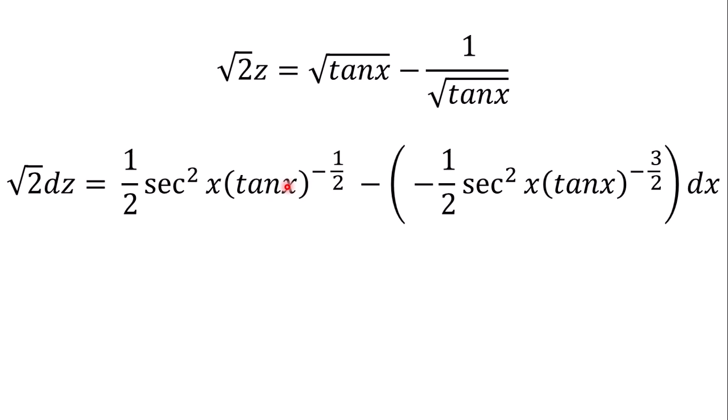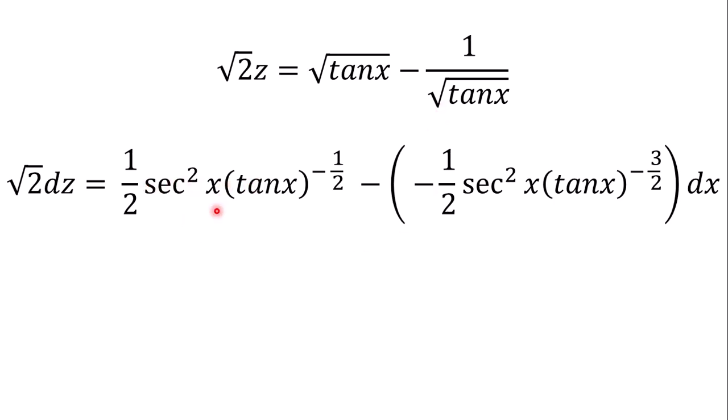Applying the negative index law of indices, this one can be written as 1 over the square root of tangent x, which is this one. It normally becomes this one when the power is negative. Okay, good.